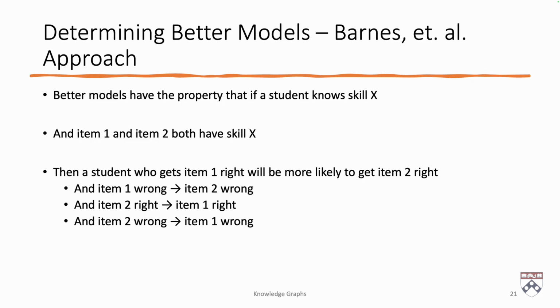If a student gets item 1 right, then they should get item 2 right because they both are tagged with the same skill. If a student gets item 1 wrong, it's implied that they also get item 2 wrong. If they get item 2 right, they should get item 1 right, and so on. If they get item 2 wrong, they should get item 1 wrong. This is the basis upon which we determine whether a model is better or not.